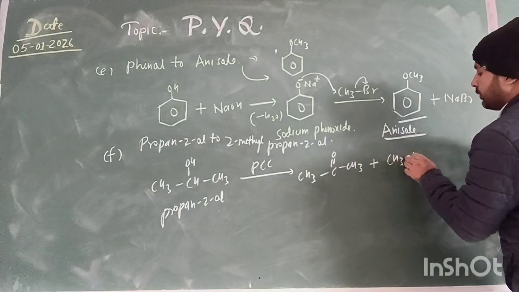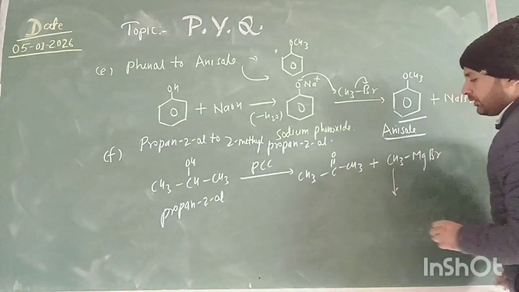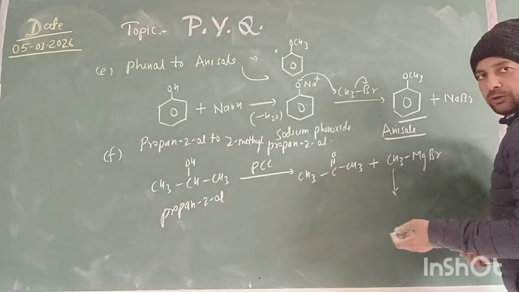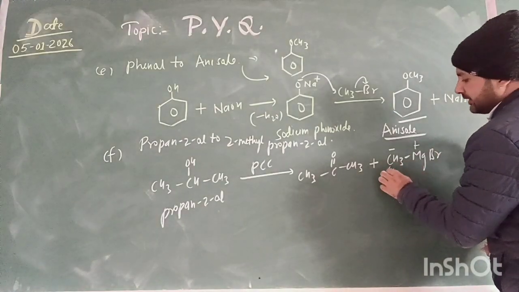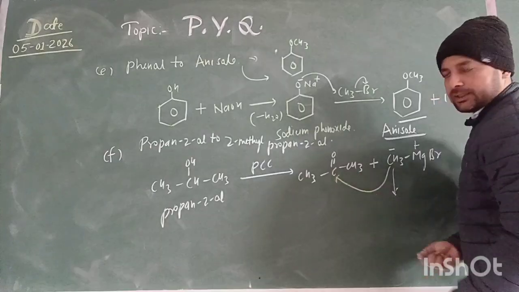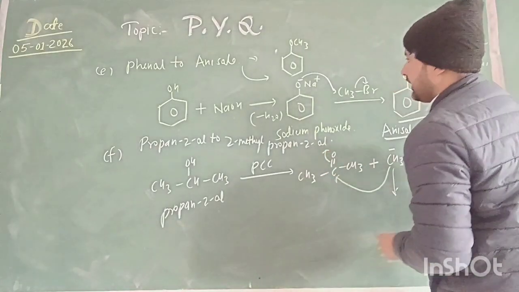After reaction of this compound with methyl magnesium bromide, a Grignard reagent, what will happen? You all know this part is positive and this part is negative. When this nucleophile attacks on this carbonyl carbon, this bond will break.